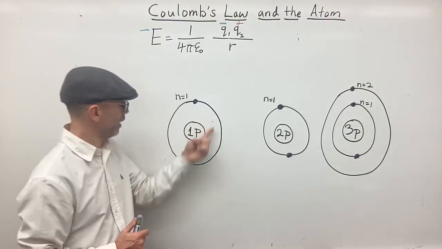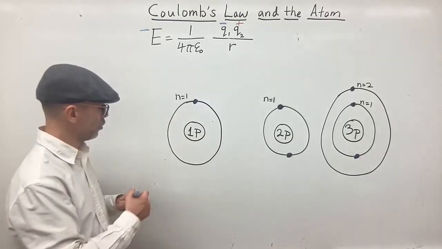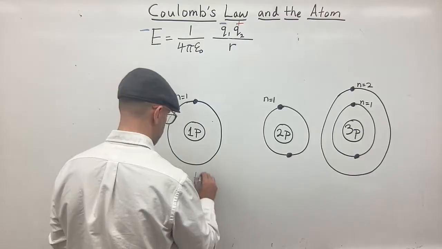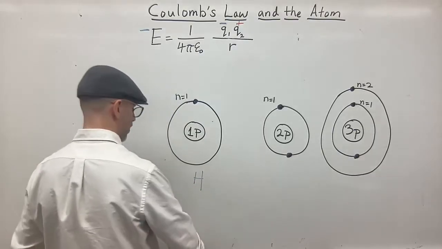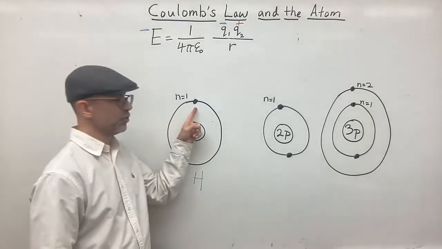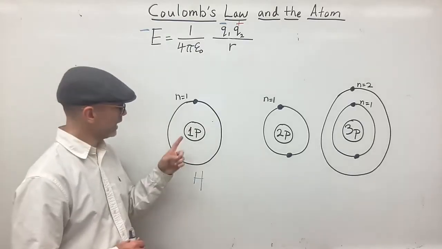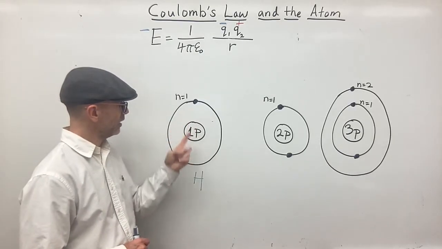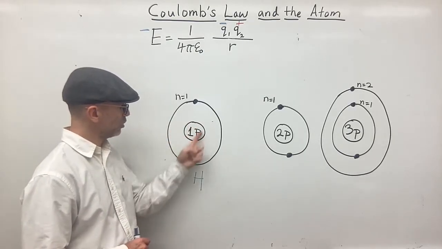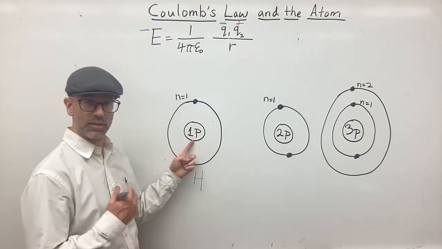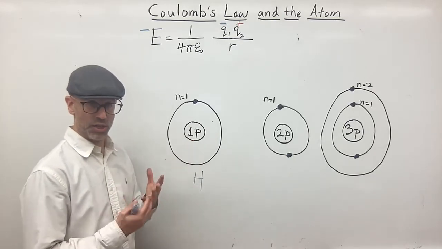So here we have a basic atom. This is your hydrogen, because we only have one proton. So we have a hydrogen atom in here with the one electron. So here, the nucleus is positive, so the nucleus is one charge, right?